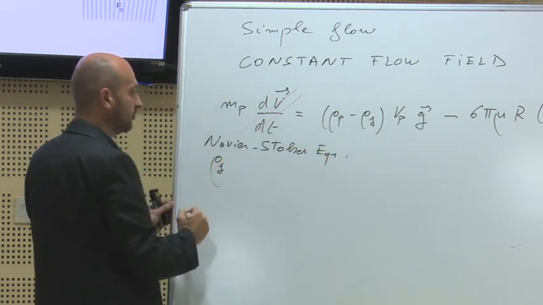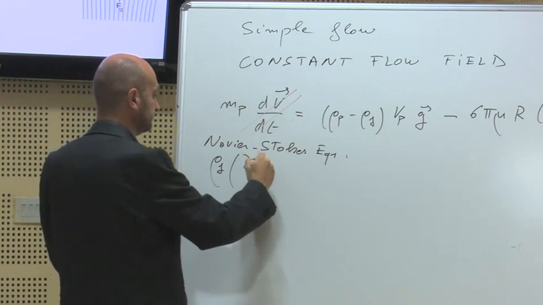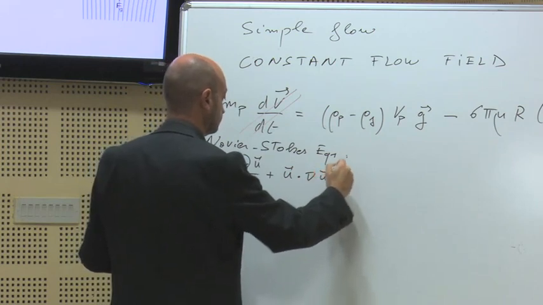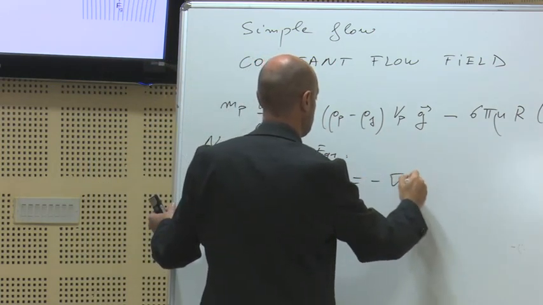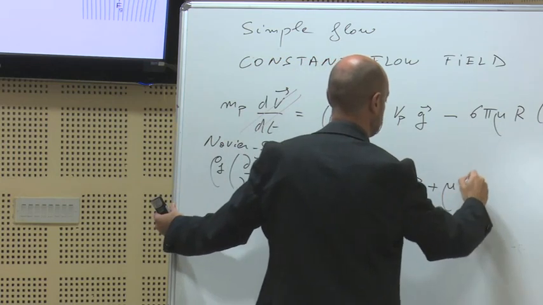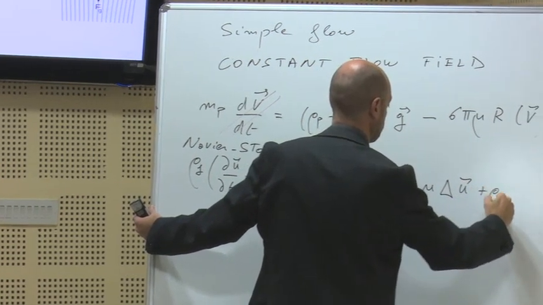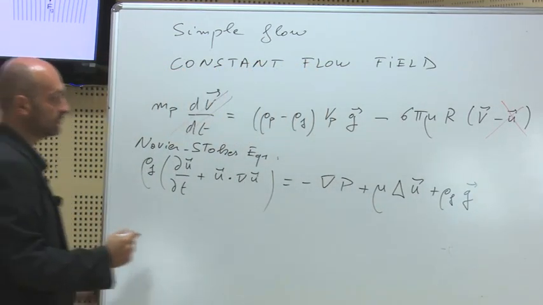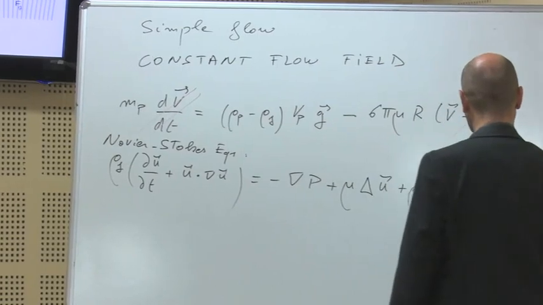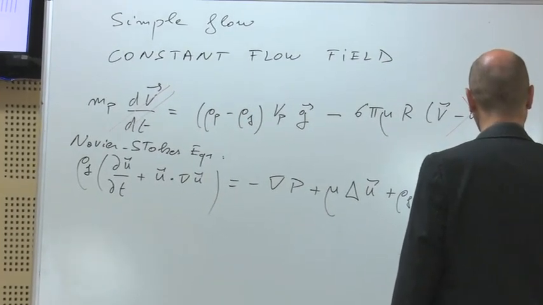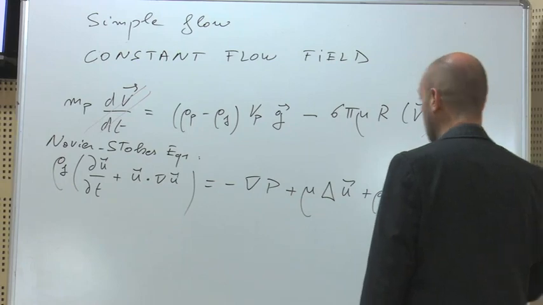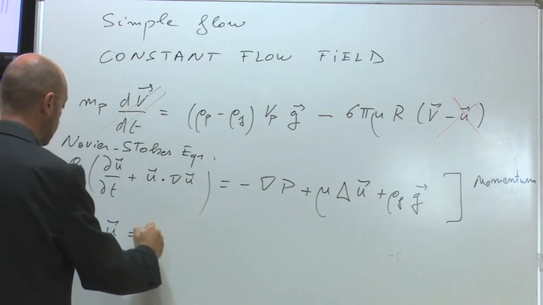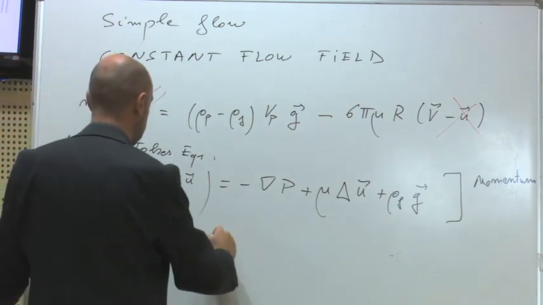In the Navier-Stokes equation you have the momentum balance, and then you also have divergence of u equal to 0, which is a mass balance.